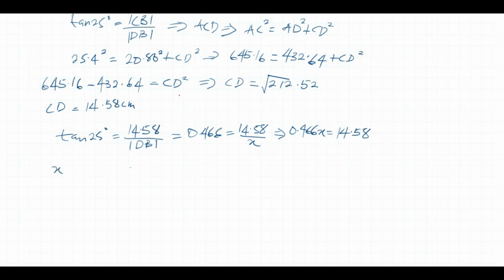So we get 14.58 divided by 0.466. Therefore, our x would be equal to 31.28. So now our length DB will be equal to 31.28 centimeters.